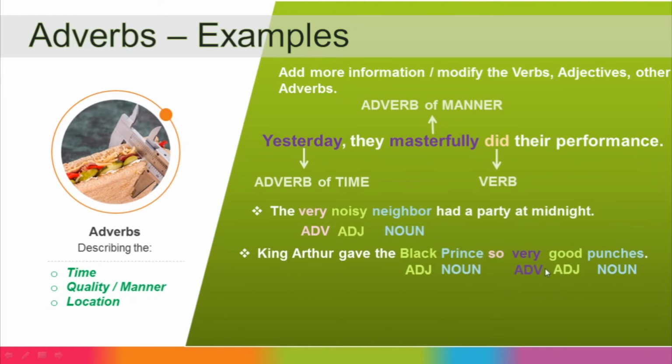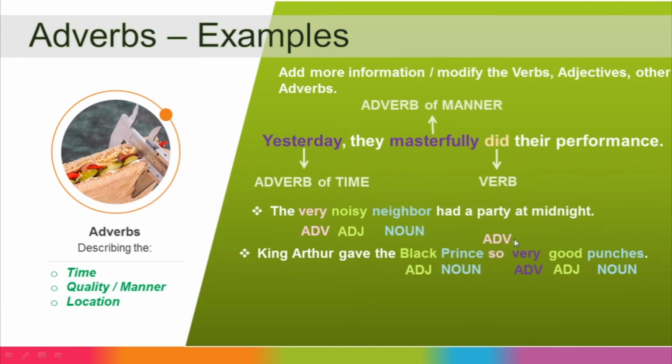Very tells us the quality or the manner of how good it is. Is it just somewhat good? Is it just middling? In this case, we get very good. Now the word so here is also an adverb, and it tells about the quality or the manner of how very it is. So to put it in another word, it is very, very good. We know this from the intensifier.